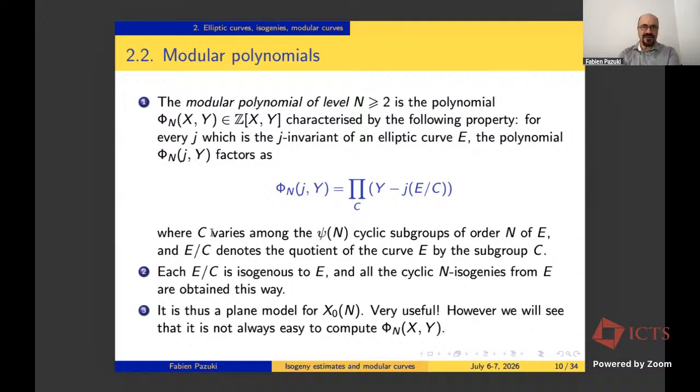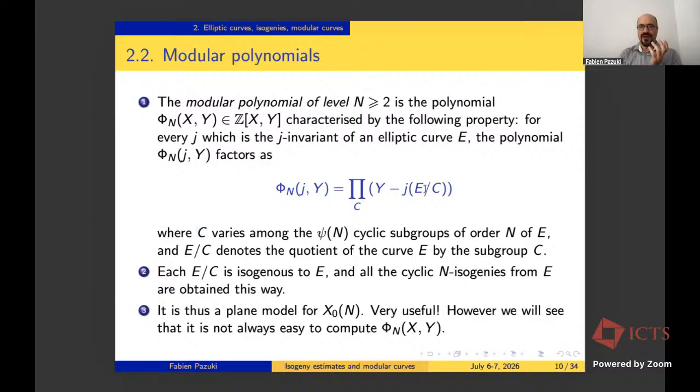And C here, I'm told C is varying among cyclic subgroups of order n of E. Well, that's a very good start, because if you are interested in isogenies between E and another curve, an isogeny with a cyclic subgroup of order n, which will be an n-isogeny in that case by the correspondence between degree and size of kernel, then I mean, this is precisely the subgroups you want to look at.